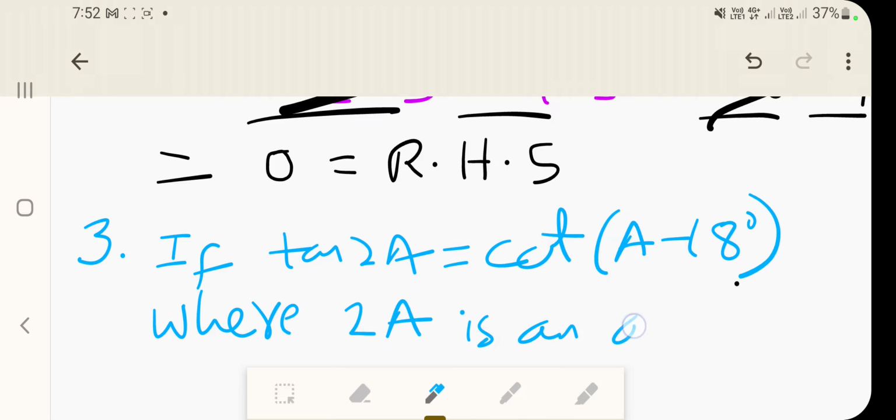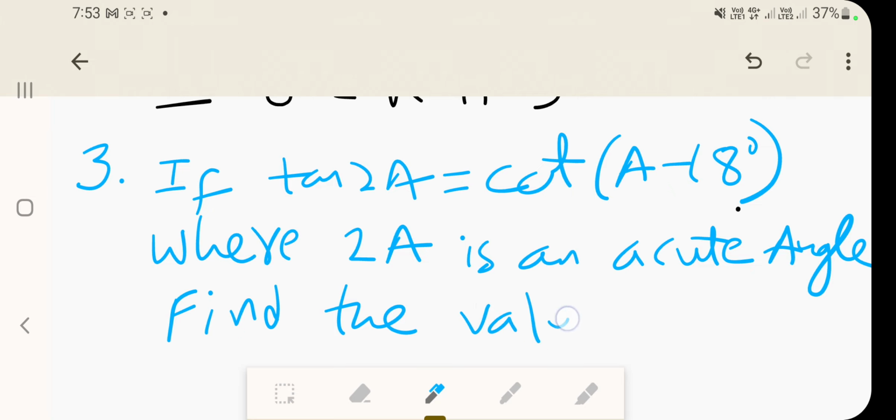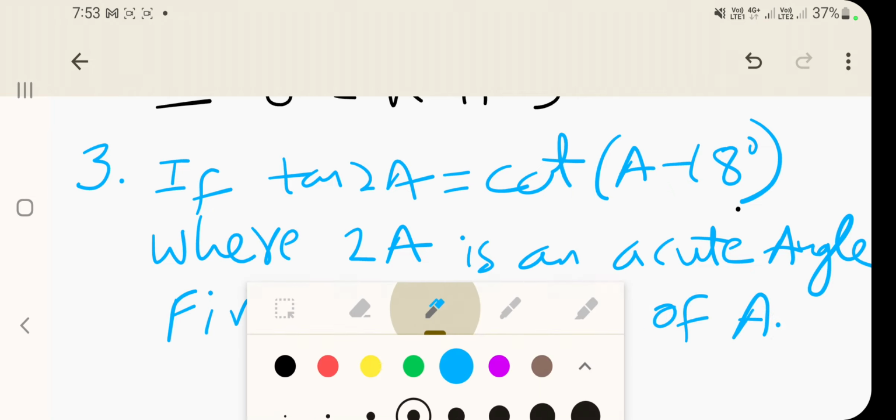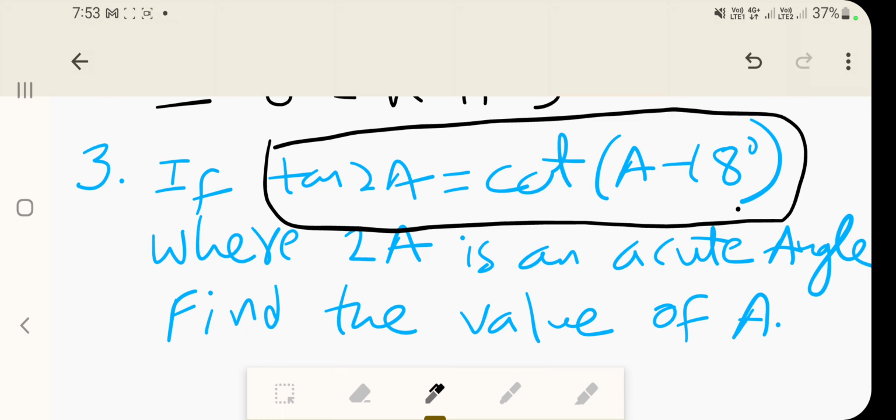Acute angle means less than 90 degrees. Find the value of A. What they have given here is tan 2A is equal to cot(A − 18 degrees), and they even specified that 2A is an acute angle, that is less than 90 degrees.